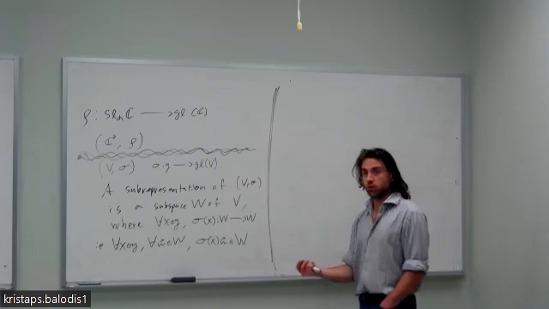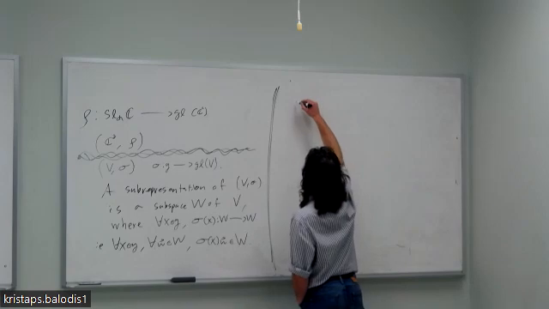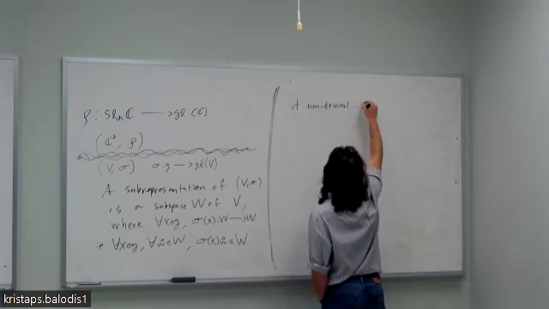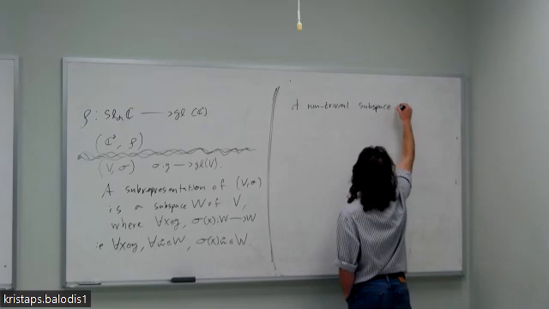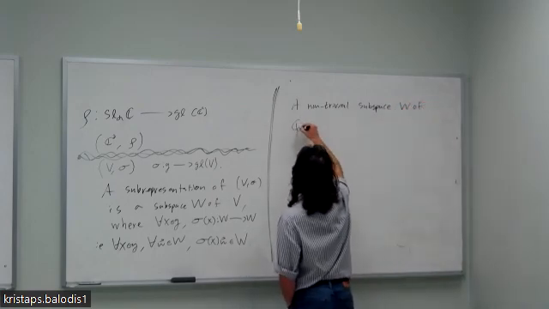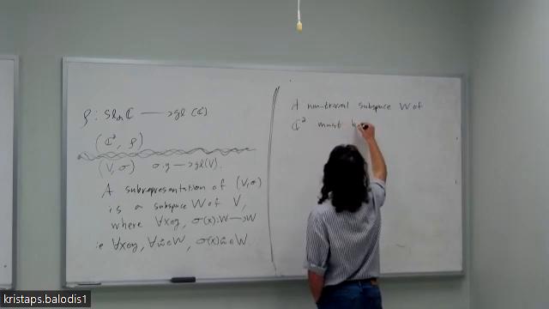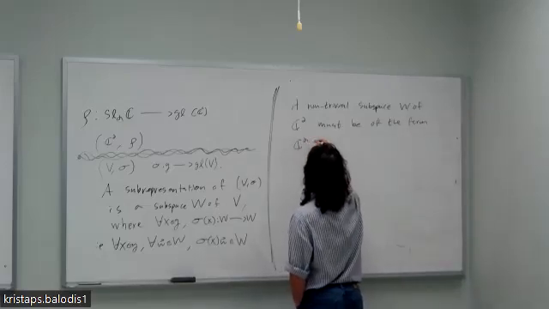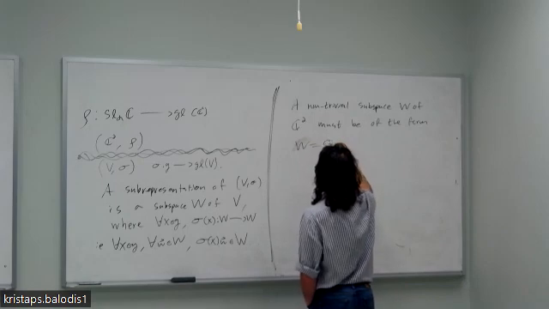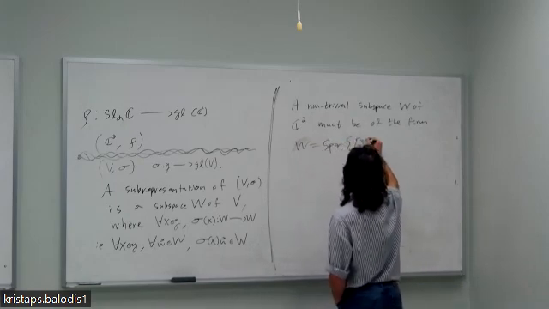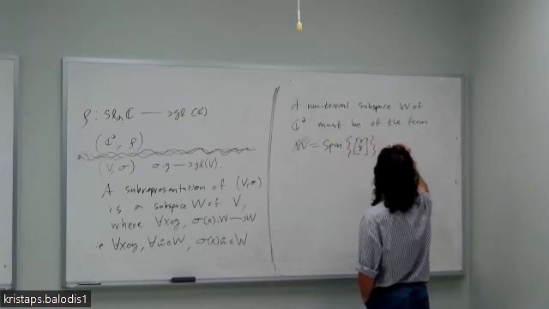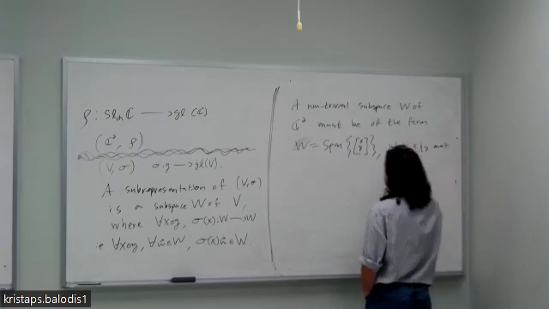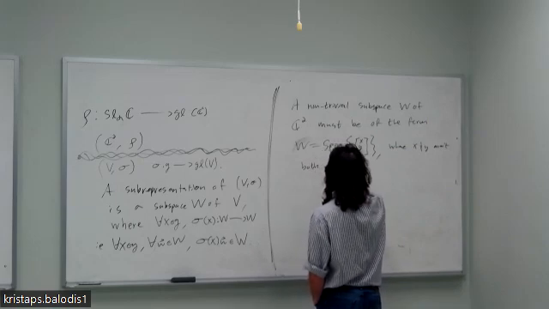In other words, the subspace is just going to be the span of some (x, y) where x and y aren't both 0.